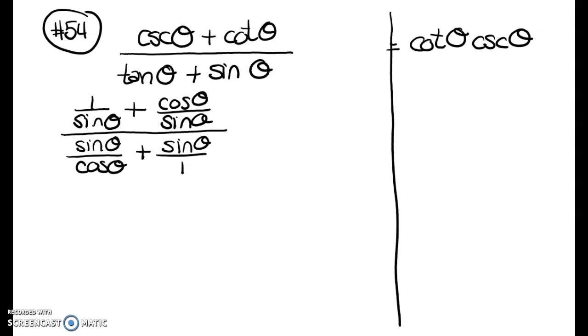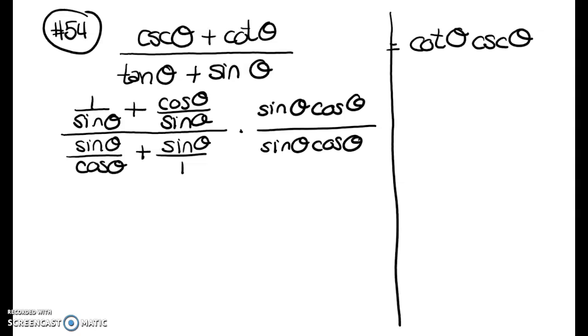So maybe we could get rid of our complex fraction and multiply everything by sine of theta cosine of theta over sine of theta cosine of theta, just to get rid of our complex fraction. Remember, we're going to distribute this across both terms, and our sine will cancel out when we distribute this. So we're left with cosine of theta.